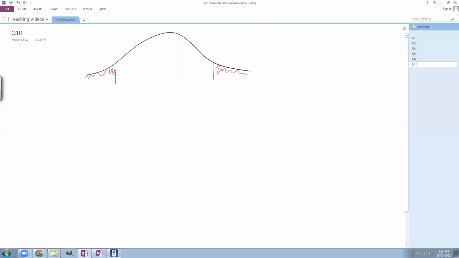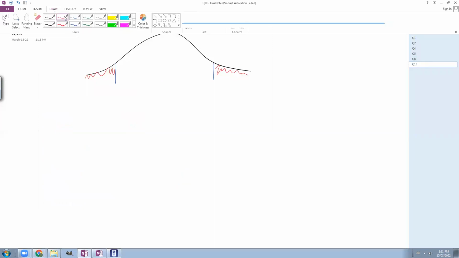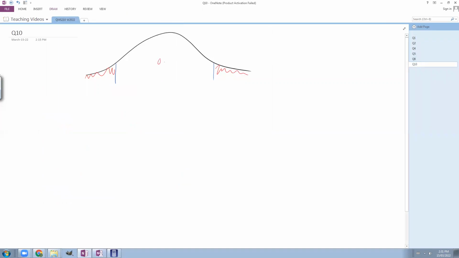That would be thinking about, there's 0.01 in the tails, therefore there must be 0.99 in the middle. The other thing we could do is 0.01 divided by 2 and get 0.005 on the top and 0.005 on the bottom.